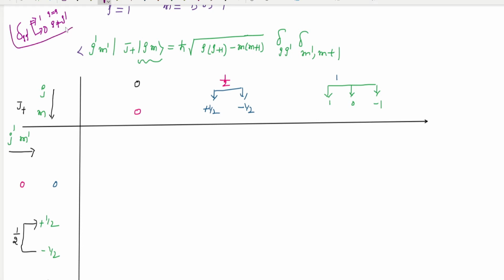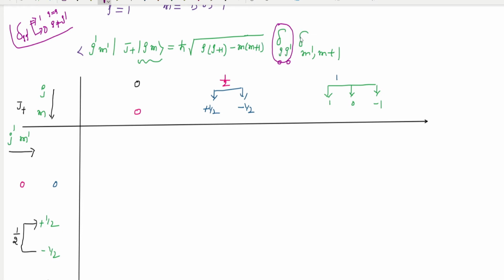This is the condition. So for example, here j is equal to 0. Remember, j is equal to 0 means this is the ground state. When j prime is equal to 0, then this state normalizes to 1.